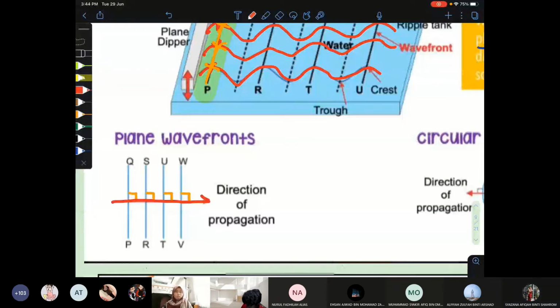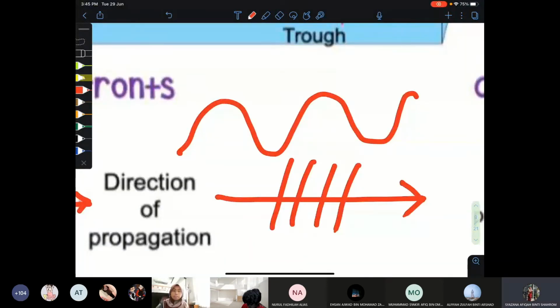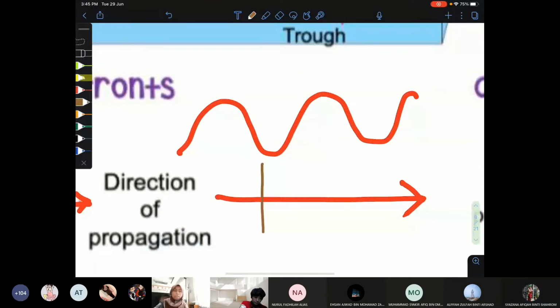The red one is the direction of propagation. So if waves travel this way, we draw the wavefront perpendicular to it. Usually if the question says draw the wavefront, you cannot draw like this and say, "Teacher, this is my wavefront." Wrong. The concept is that the line must be perpendicular.